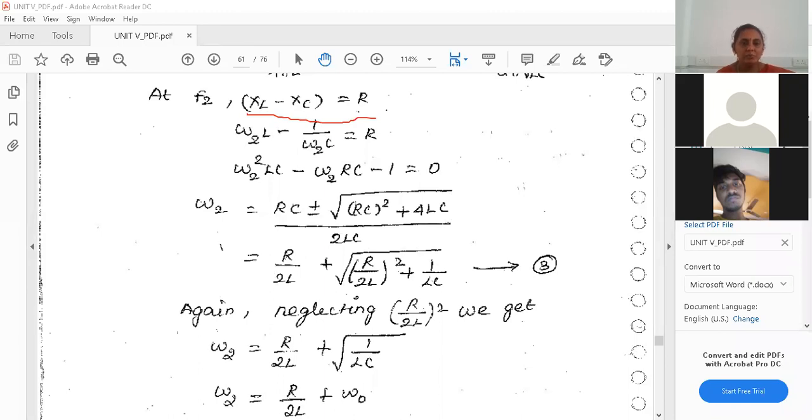So we write it as omega 2 L minus 1 by omega 2 C is equal to R. Or solving this equation, you will get omega 2 is equal to R by 2L plus square root of (R by 2L) the whole square plus 1 by LC. Okay. Or omega 2 is equal to R by 2L plus square root of 1 by LC.